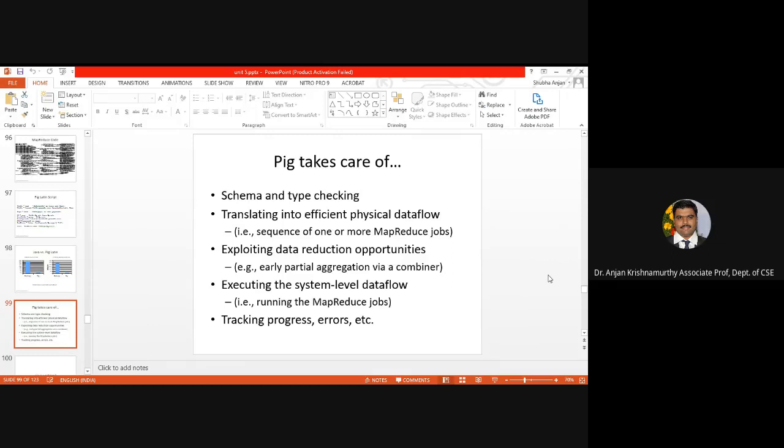And also you can see that there is a very systematic way of executing the system level data flows, right? Running the MapReduce jobs is very systematic, and there are early partial aggregations and combiners which are used, and sequencing the jobs from a logical or conceptual level to a physical level is very easily taken care of, right?